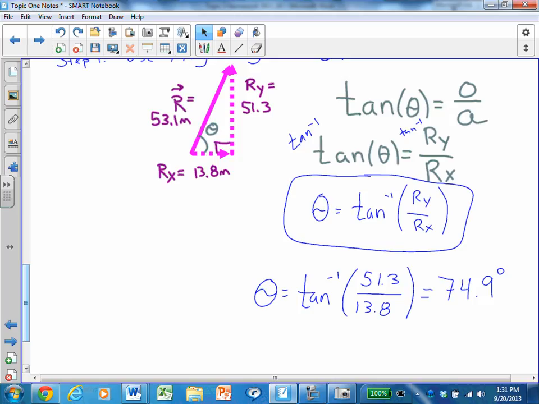So inverse tan gives you the angle. How can we remember that? Inverse angle. The -1, you can think of it as an I, inverse.